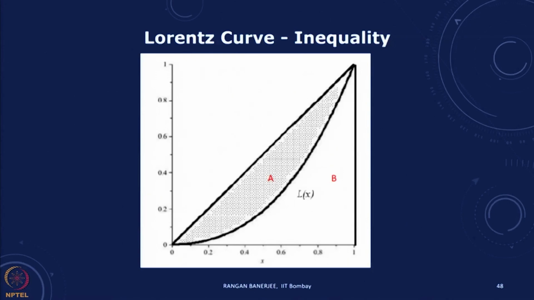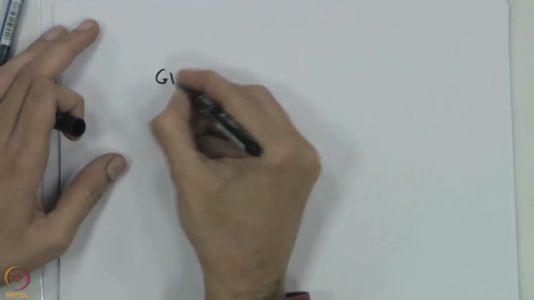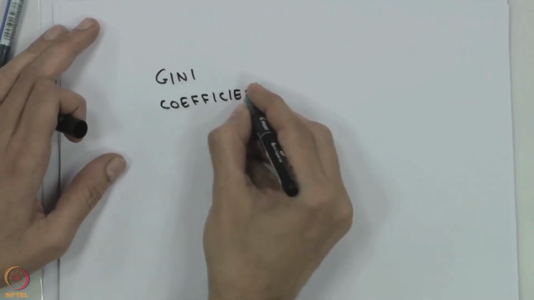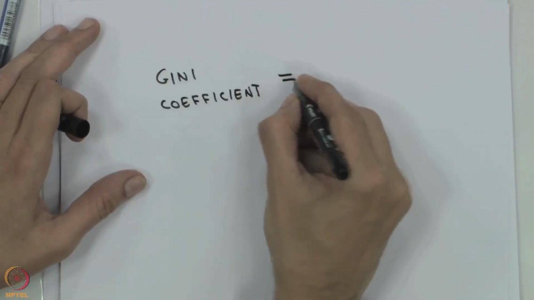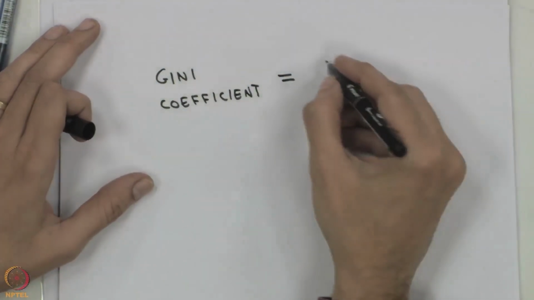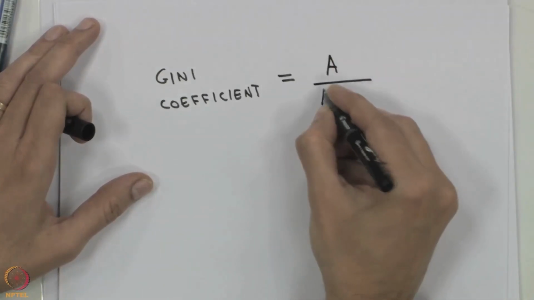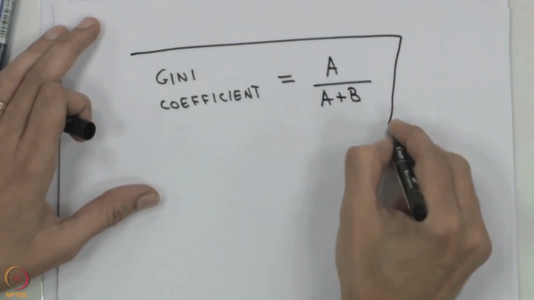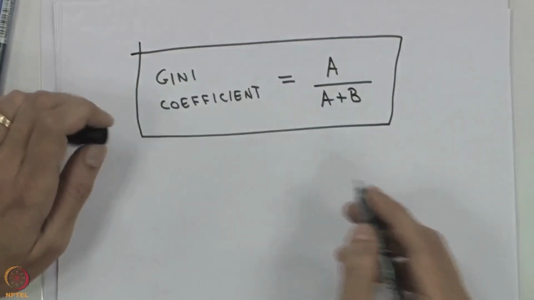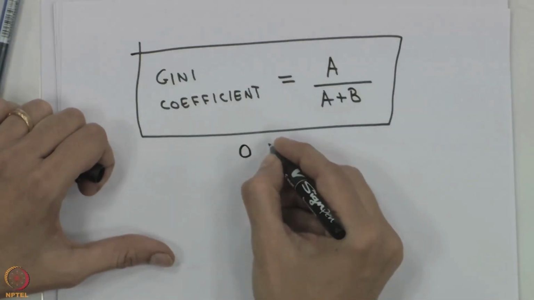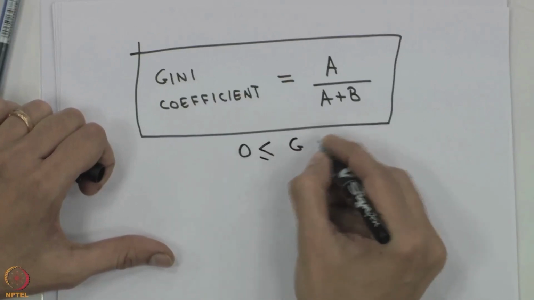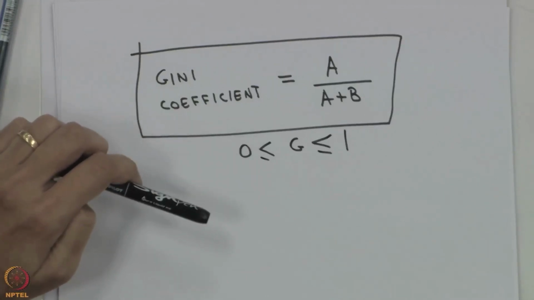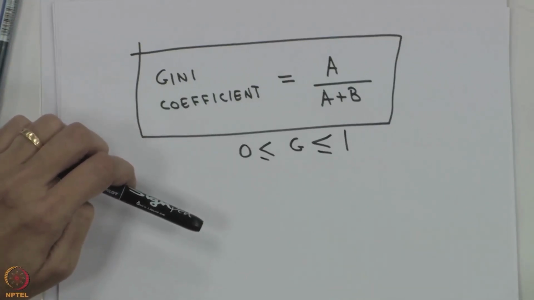So, here we define a coefficient called the Gini coefficient, and the Gini coefficient is defined as the ratio of these areas, the area A divided by A plus B. So, as you can see, this Gini coefficient will be between 0 and 1, with 0 representing absolute equality and 1 representing absolute inequality.